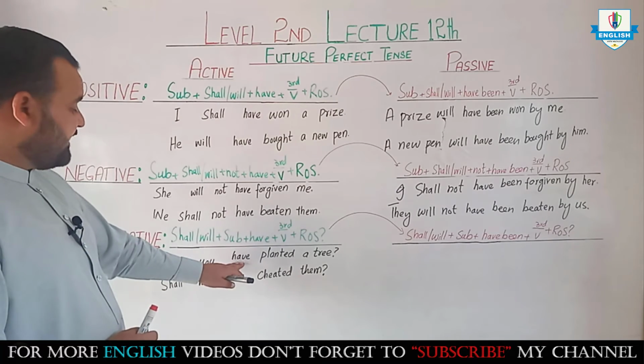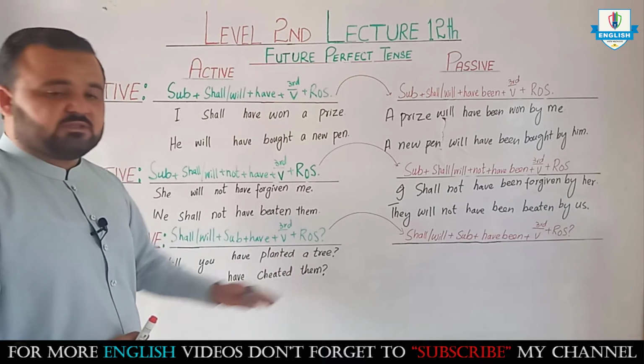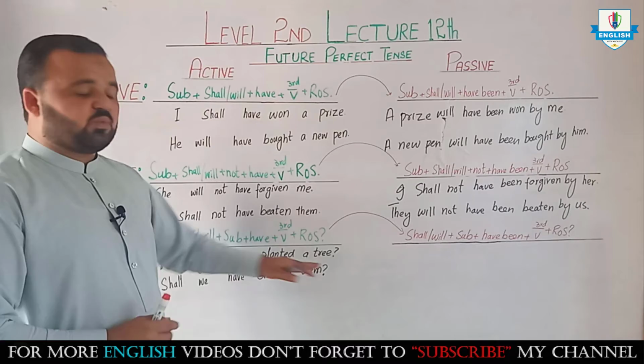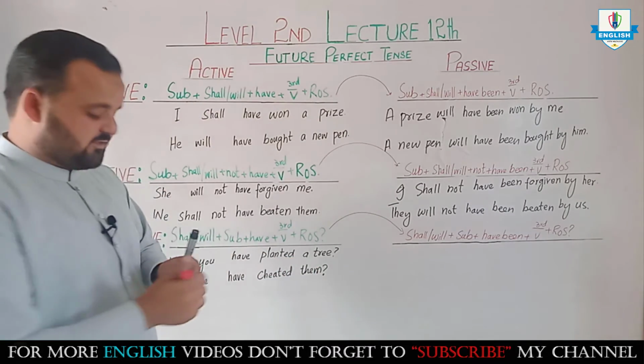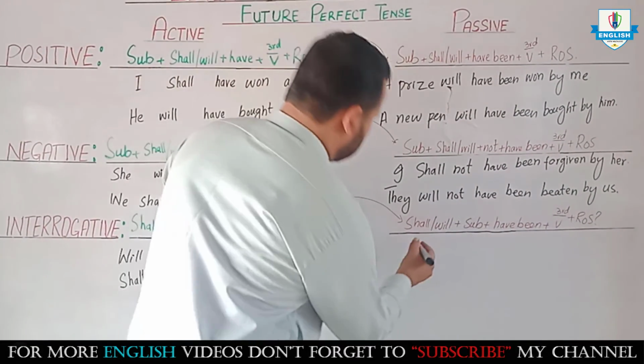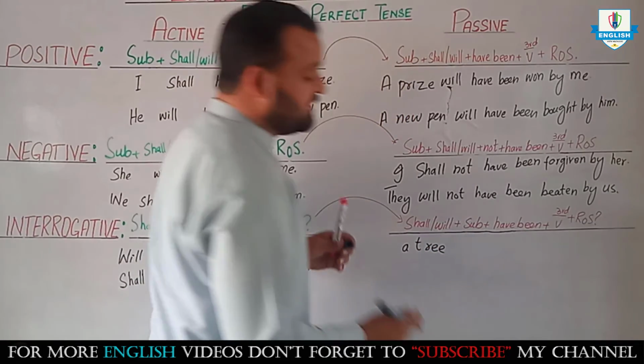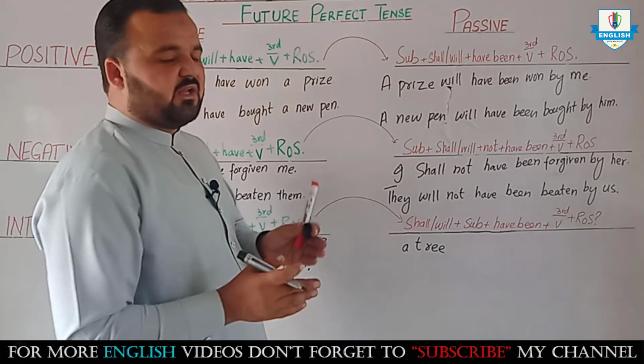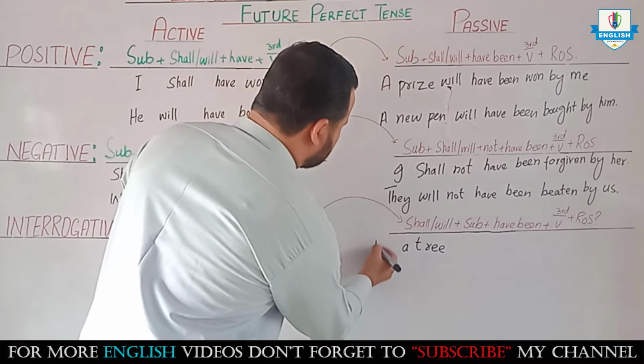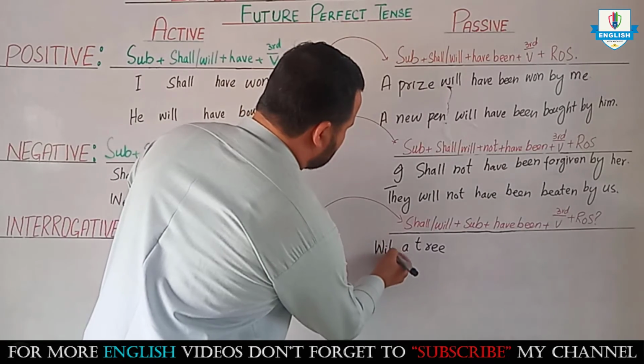Will you have planted a tree? This object will come in the place of subject. A tree. And with tree we are using will. So will be used in the start of the sentence.